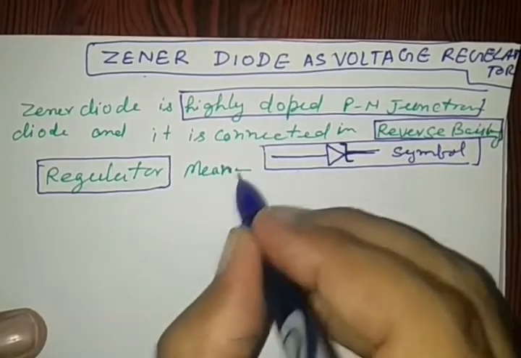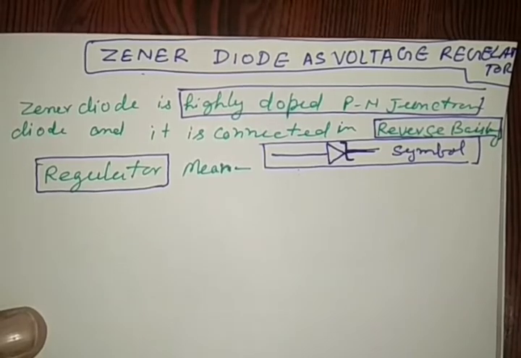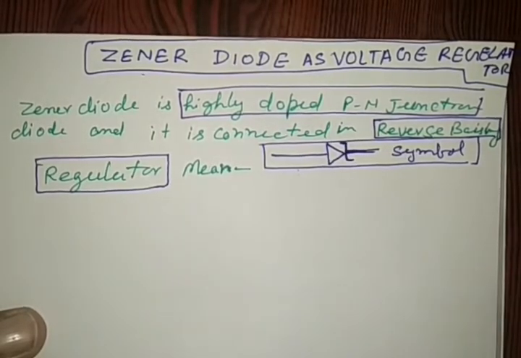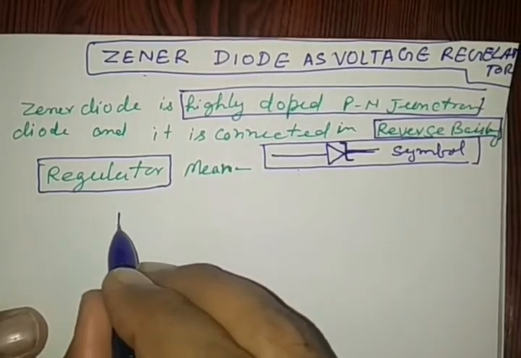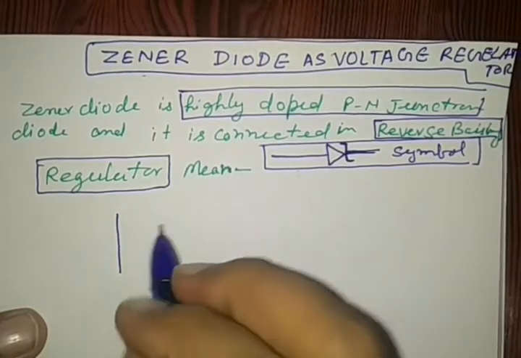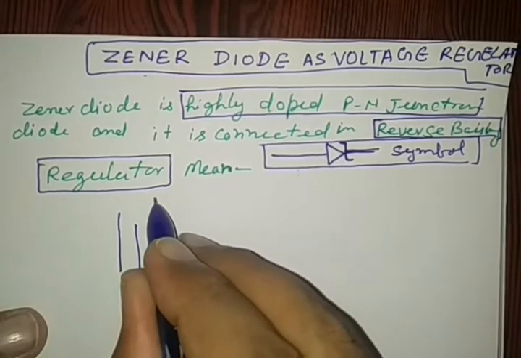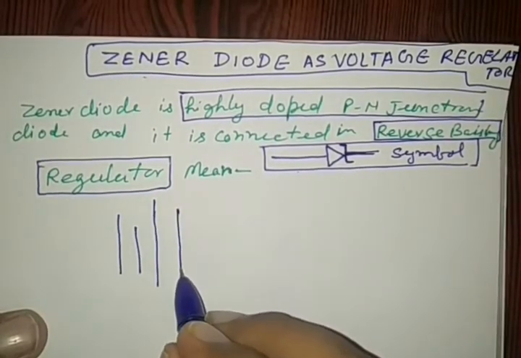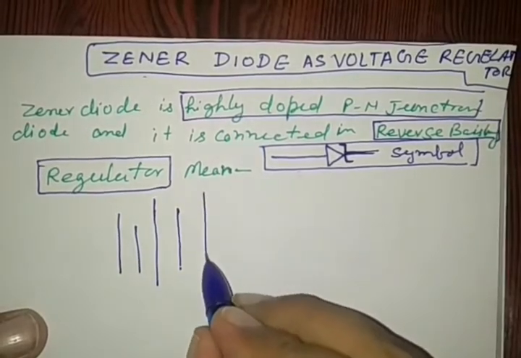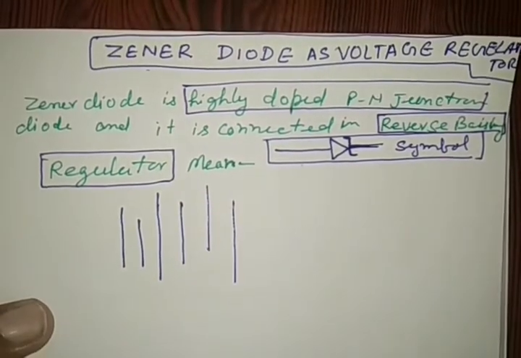What is the meaning of a regulator here? To understand regulation, see this example. If we have a certain variable voltage, one potential difference is this, the next potential difference is this, another is this. These are unequal potential differences.